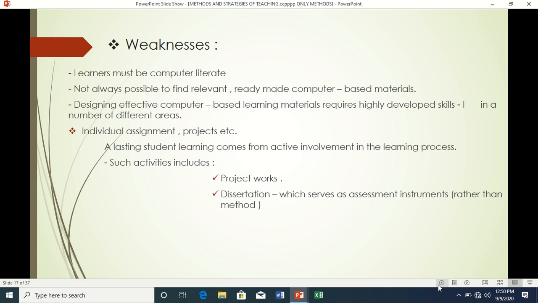You choose a topic, you find the background of that topic, you project a problem that you have decided to go to find answers to or solution to, and so you bring about your research questions, hypothesis. This is a project and it is individualized. You are doing that on your own. You are involved in whatever you are doing as a project, and so we call that an individual assignment methodology. Writing a dissertation is the same.